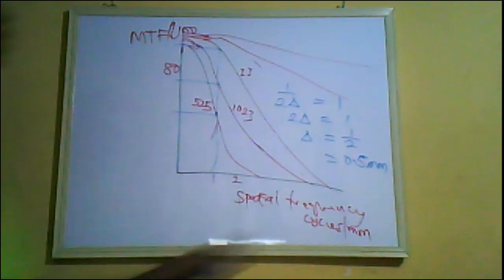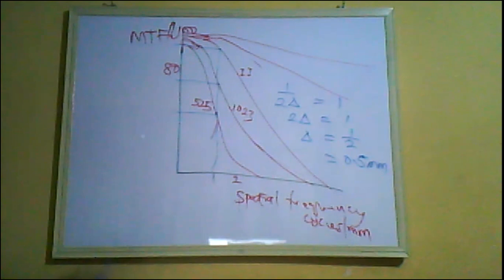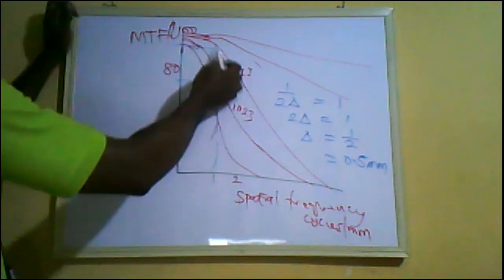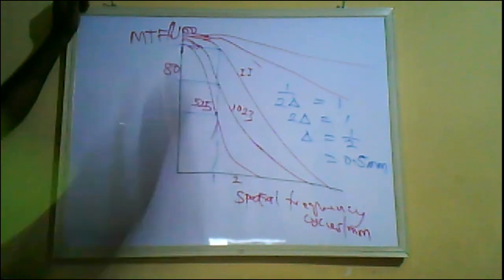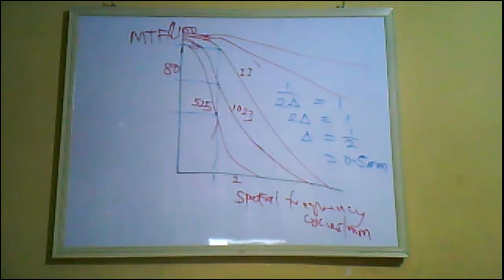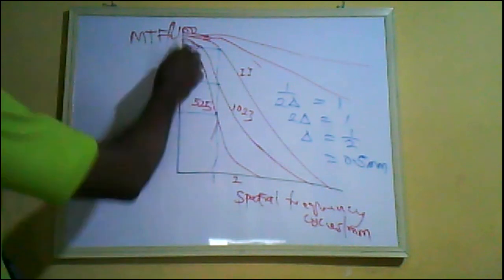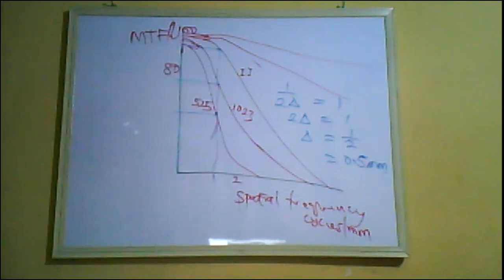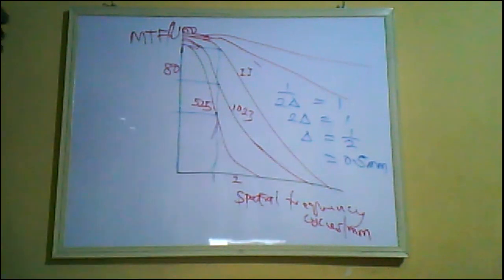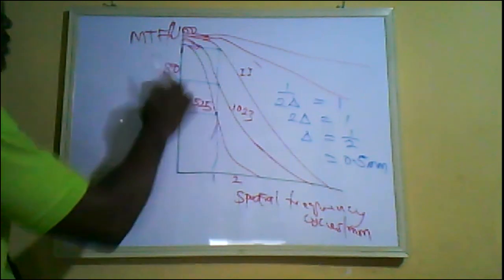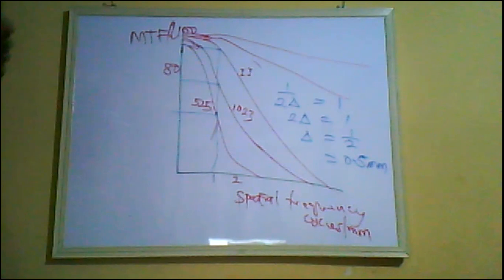So for an object of 0.5 millimeter, the image intensifier system is going to give us the best resolution because it has the highest modulation transfer function. For a system which uses 1023 lines to form the image, it is going to have something around 70 something, based on the information we have here.